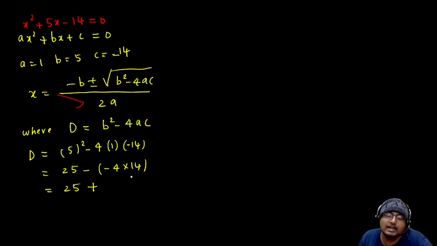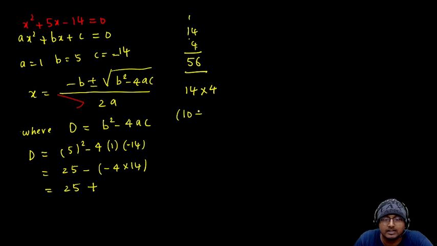In problems like this you may face difficulty, so I will tell a simple trick. You do 14 into 4: 4 fours are 16, 4 ones are 4 plus 1 is 5, so 56. There is one more method also. 14 into 4 can be done with 14 written as 10 plus 4, into 4.